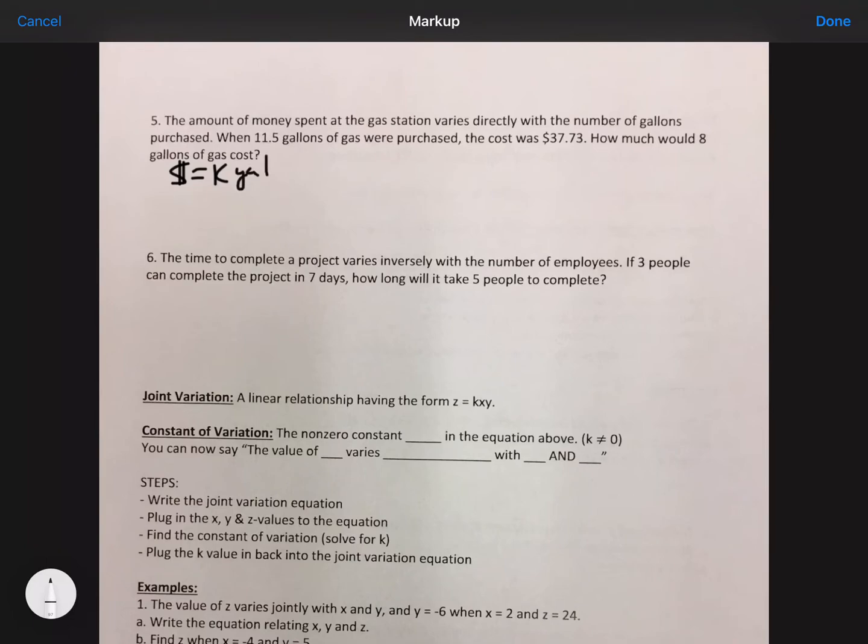So when 11.5 gallons of gas were purchased, the cost was $37.73. How much would 8 gallons cost? So we have y equals kx in this case. So we know 37.73 equals k times 8.